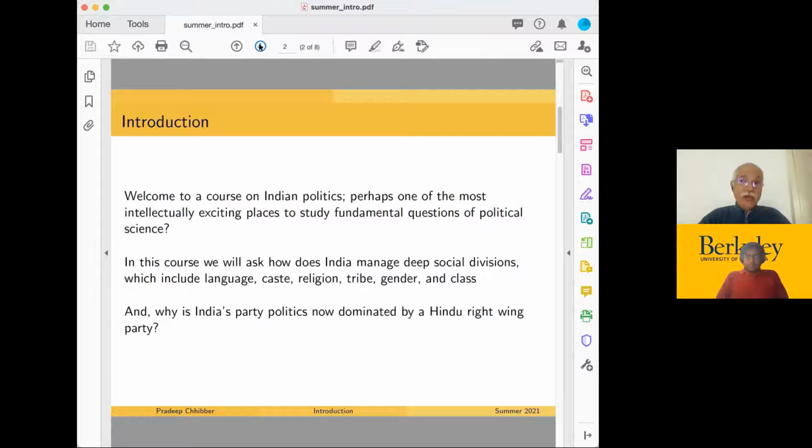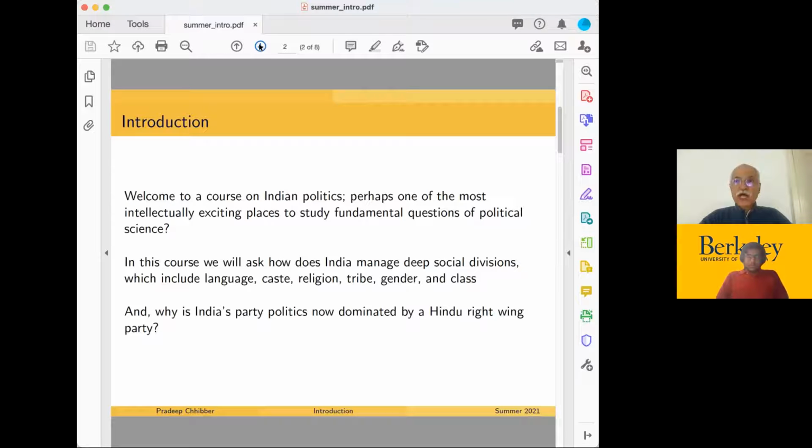Now, while we'll spend a bunch of the course talking about these issues, the other thing which I think we should realize is that Indian politics today is at a critical juncture, according to some people. For a very long time, after being governed by a party that is rather centrist, what we find now is that India's party politics is dominated by a Hindu right wing party.